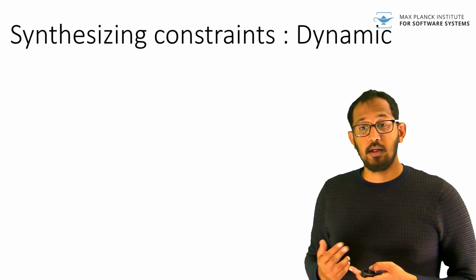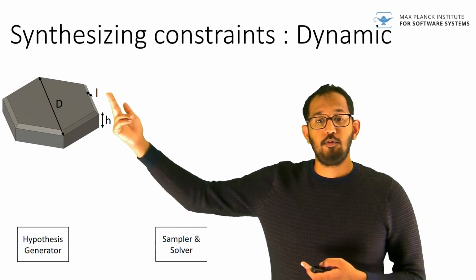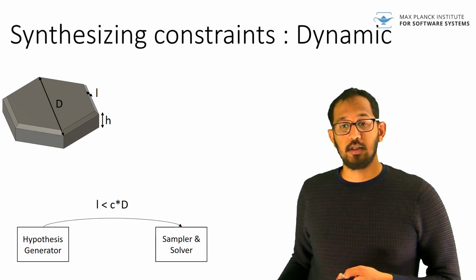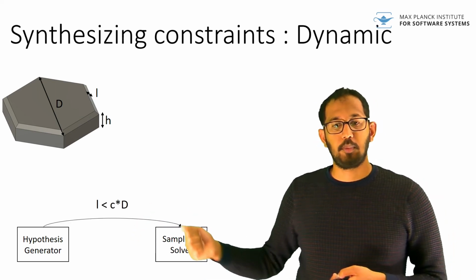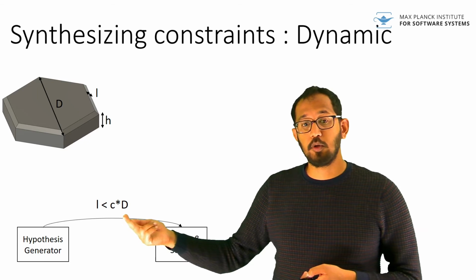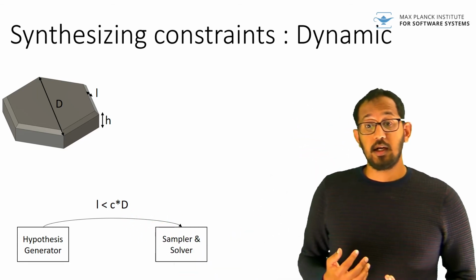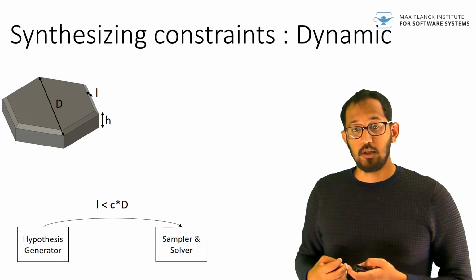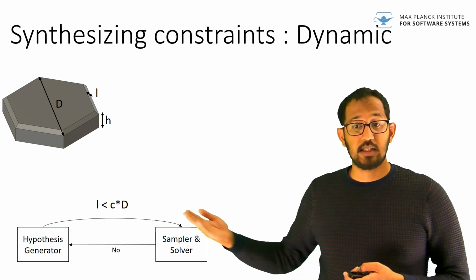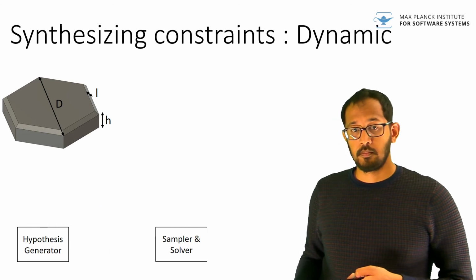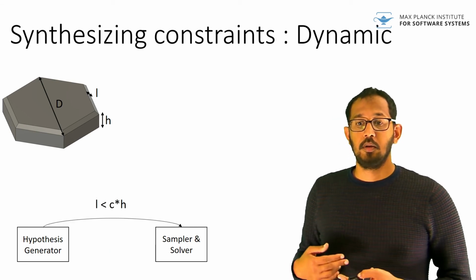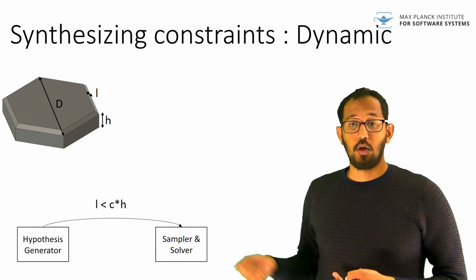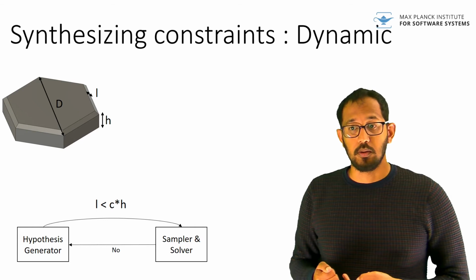We consider our earlier example and try to find constraints for small l here. For dynamic analysis, our hypothesis generator proposes this hypothesis. Maybe L is less than some constant times capital B. Our sampler and solver then evaluate the design on some concrete parameter values, and what they find is actually this hypothesis does not hold. Then the hypothesis generator suggests this, to which our sampler and solver also say that this does not hold.